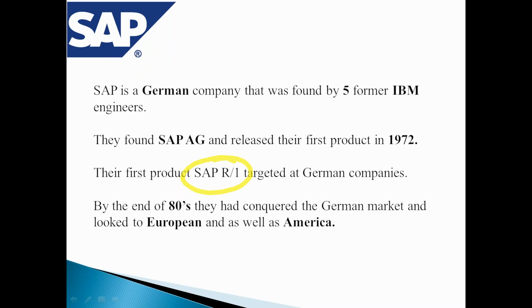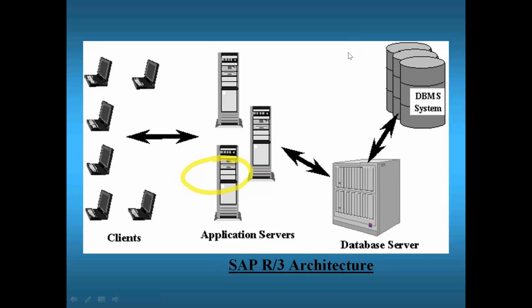When I say a three-tier architecture, it is all about... okay, let me take you to the structure. It gives more understanding. Here you can see this is a three-tier architecture. What is a landscape has been made for your understanding.